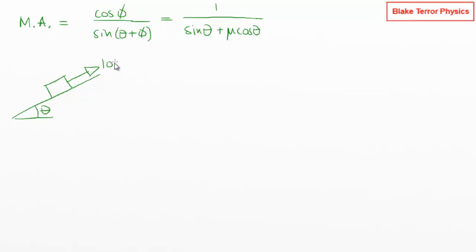So we were applying 1,000 newtons, the most that we could apply to this thing up the slope, which was length d, and that was instead of applying 2,000 newtons to lift straight up through 1 meter. So that was our comparison. This is going through a distance d instead.